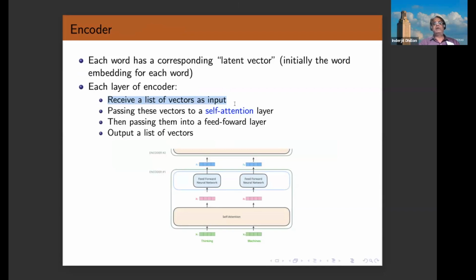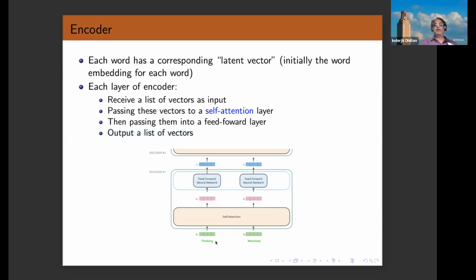So you'll pass these vectors through a self-attention layer. Then you will pass them into a feed-forward layer. And the output of each layer of the encoder will again be a list of vectors. So in the example, let's say there are 10 words in the input sentence, then the transformer will take as input a list of 10 vectors and will output a list of 10 vectors.